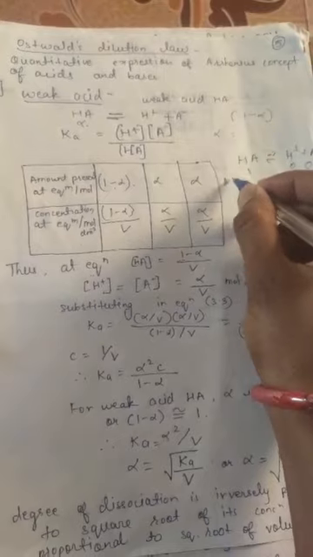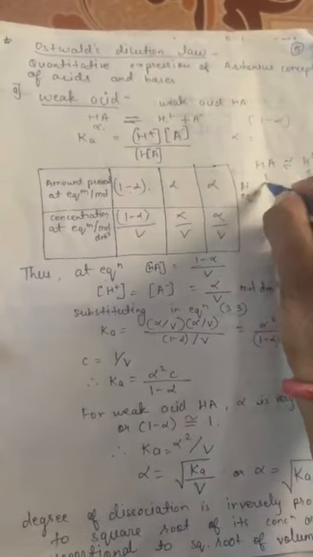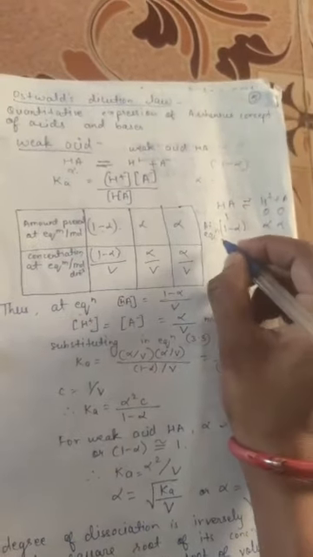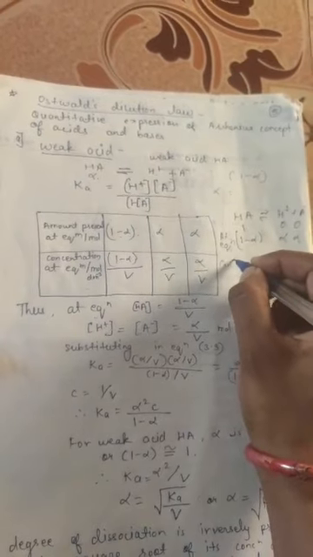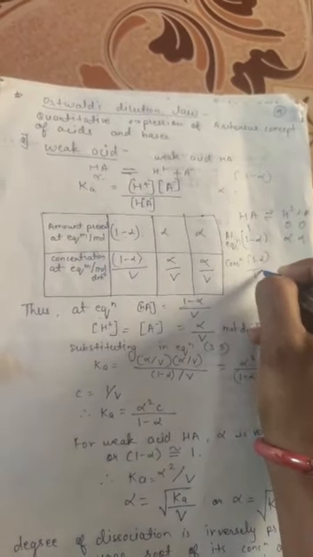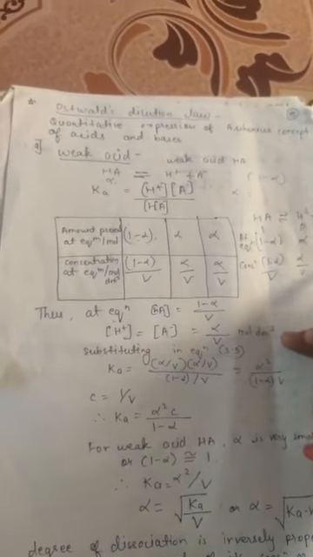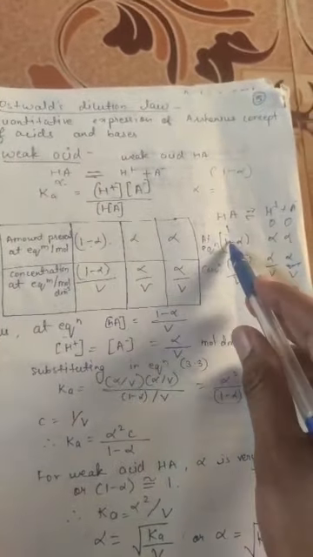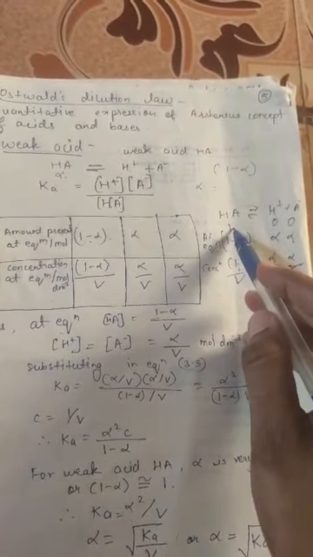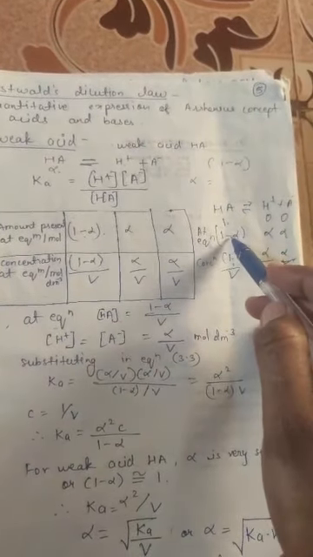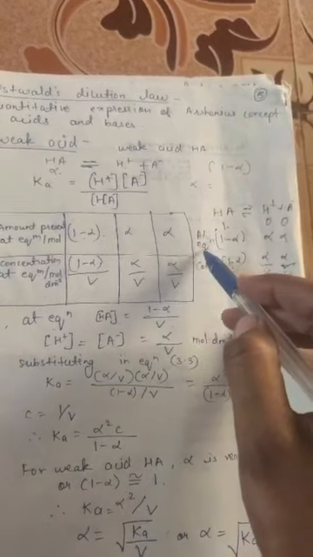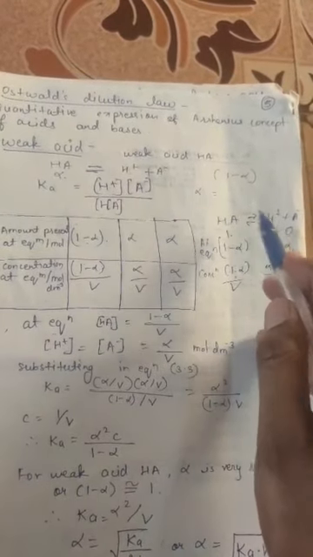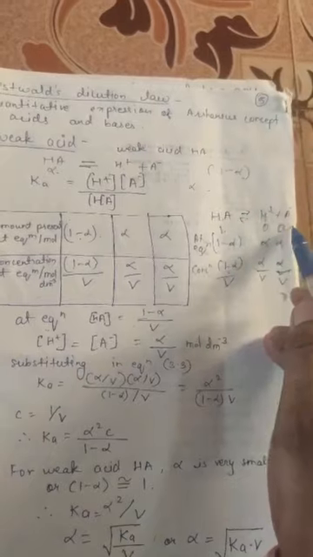At equilibrium, the concentrations were 1 minus alpha for HA, and alpha and alpha for H plus and A minus. At volume V, it will be 1 minus alpha upon V, and alpha upon V and alpha upon V. So this is how we get 1 minus alpha: the initial concentration was 1, and after dissociation alpha molecules were dissociated, so 1 minus alpha HA remained.